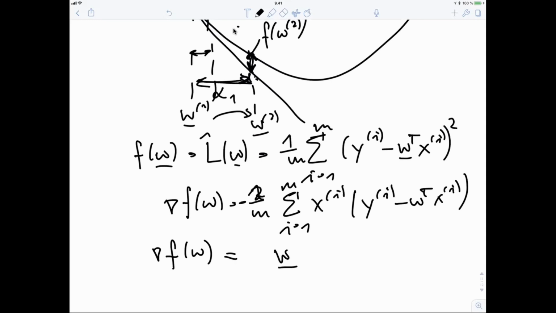So we have the gradient as minus 2 over m, X times y, minus X transposed times w. Here I forgot a minus.